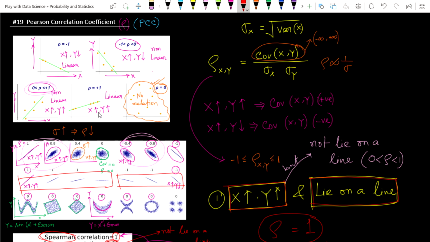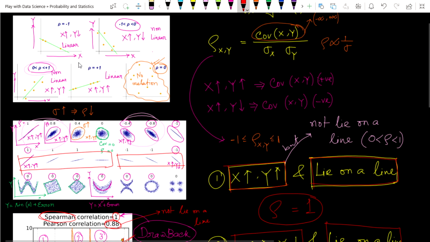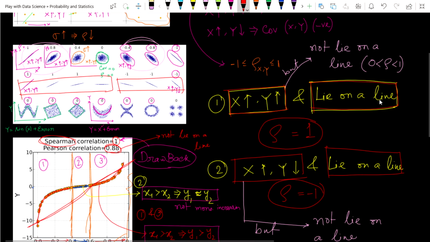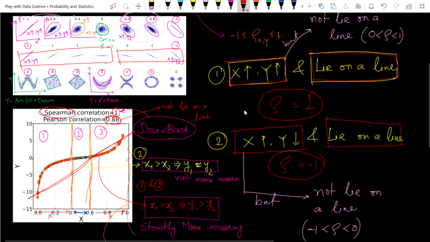If x increases and y decreases, and it's lying on a proper line, then its value will be -1. In this sense, we have got these four kinds of situations.